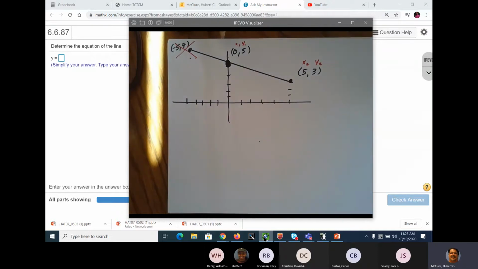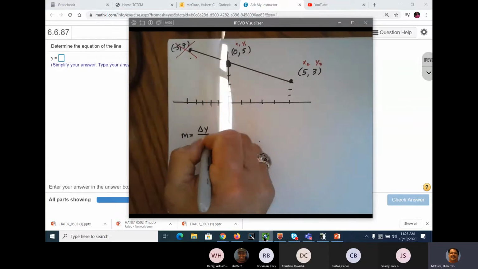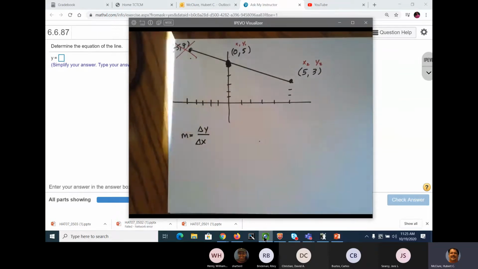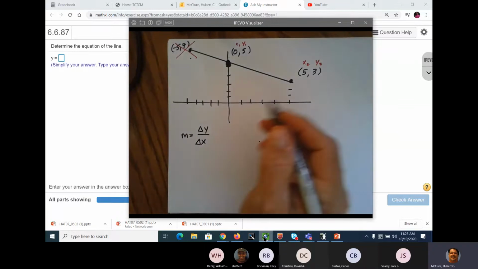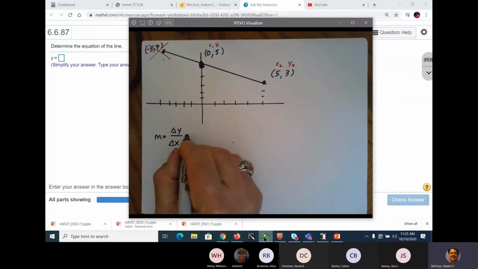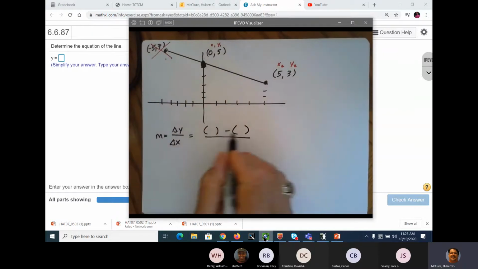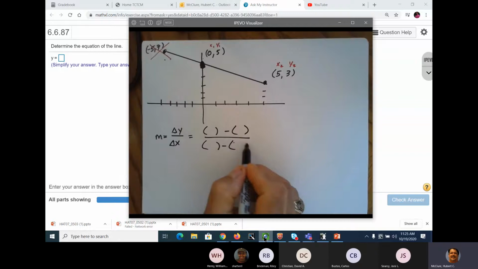We know to calculate the slope, m is equal to delta y over delta x, which is equal to parentheses minus parentheses over parentheses minus parentheses.